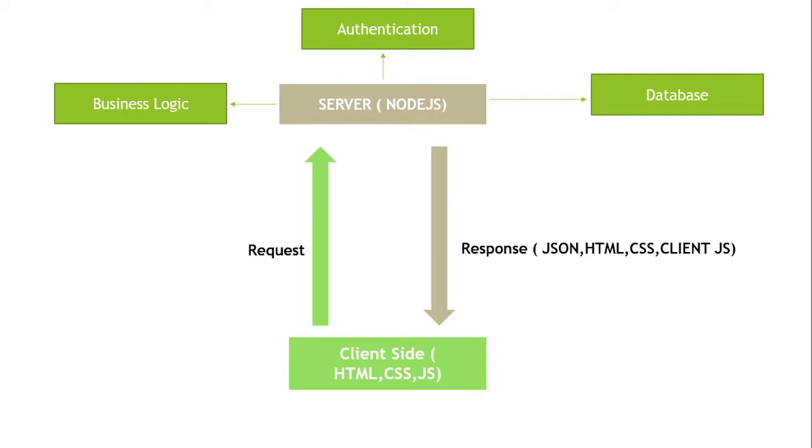The client will send a request to a server, and that server will decide after processing the request, then it will send you the response or the result in HTML, CSS, or JSON format. And also, the server is used for database connection, authentication, and business logic.